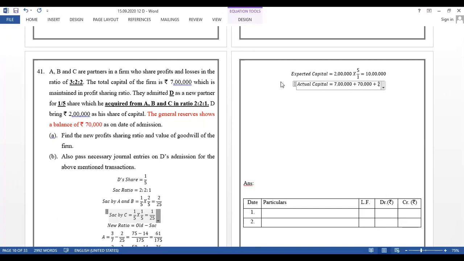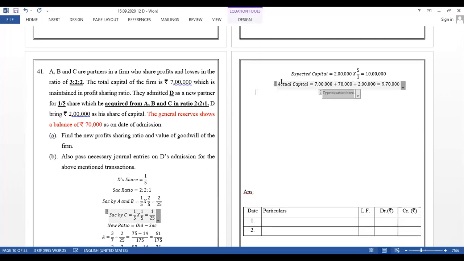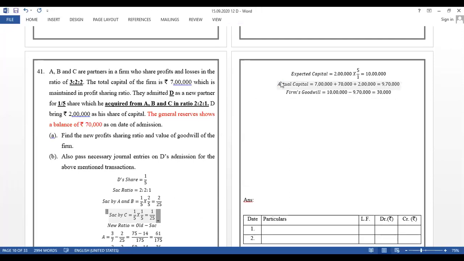D's capital is rupees 2 lakh. So 7 lakh 70,000, 9 lakh 70,000 is the actual capital. The third step for goodwill: whenever we calculate goodwill in this particular pattern, that will give us the firm's goodwill, right? Firm's goodwill is equal to 10 lakhs minus 9 lakh 70,000. So this will give us 30,000 as the firm's goodwill.